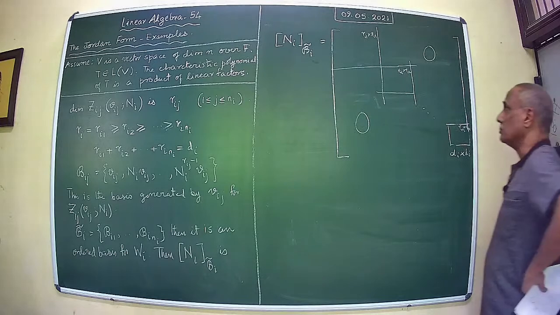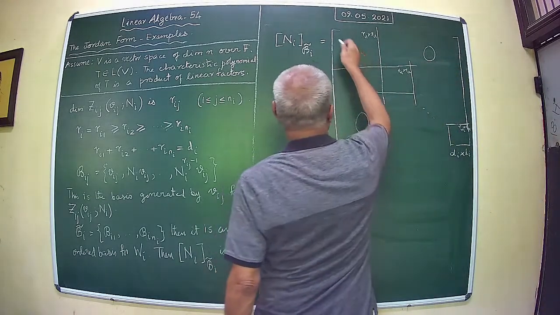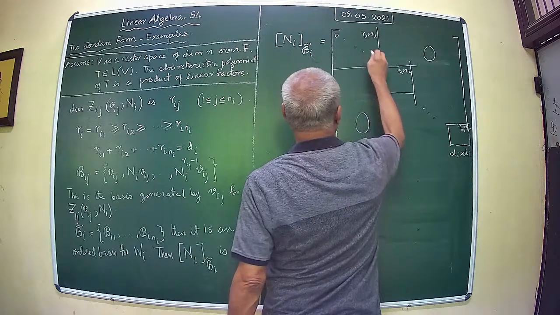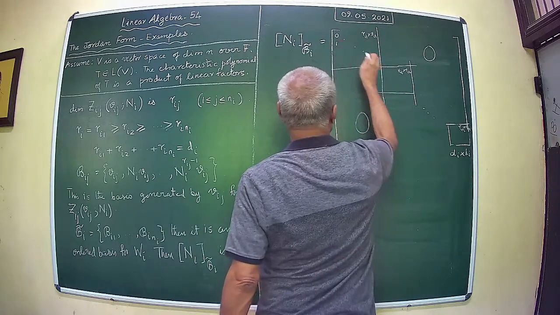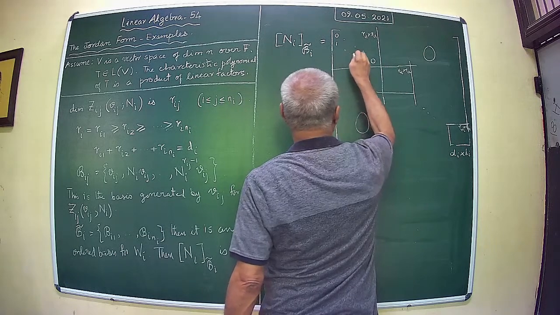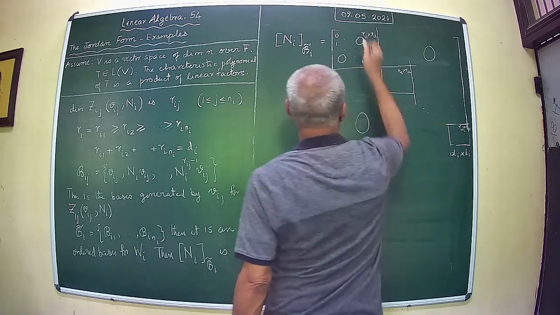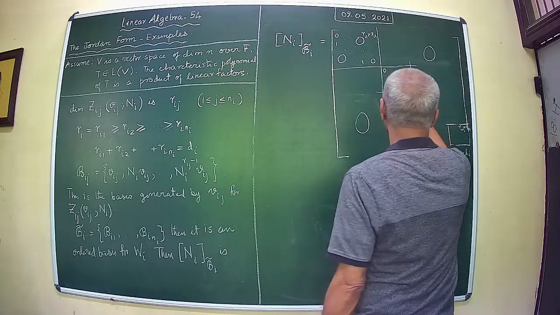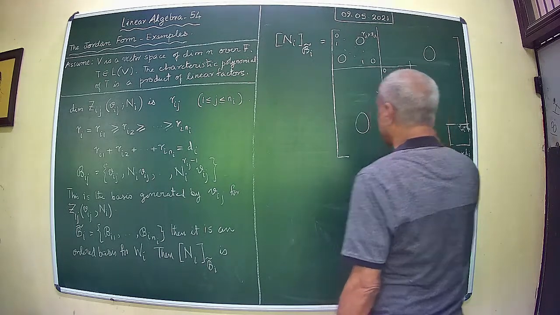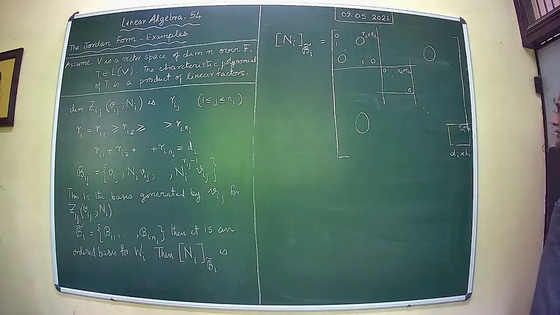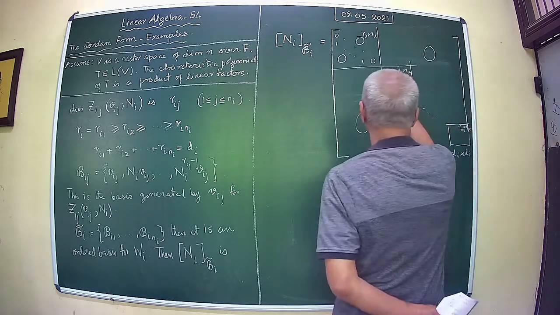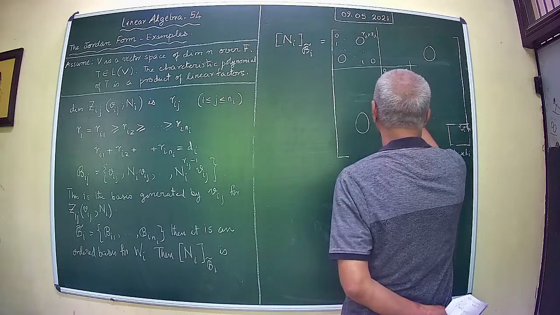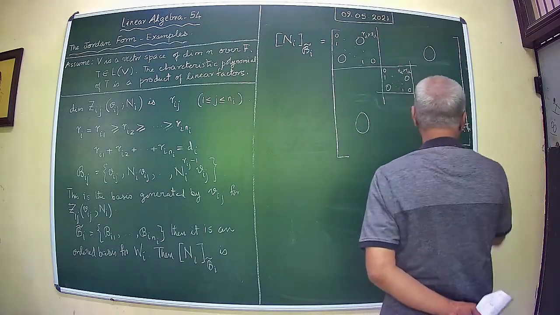So this is how it comes. And how does it look? Along the diagonal you get 0. The diagonal below the main diagonal is filled with 1, and so on.